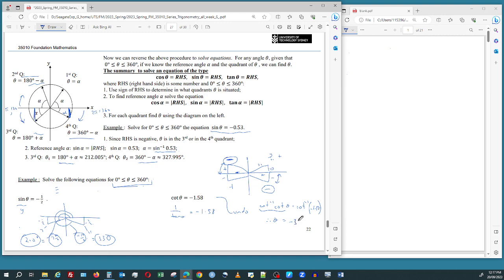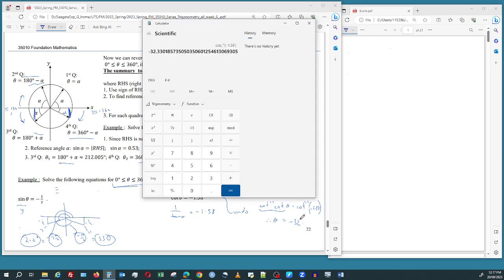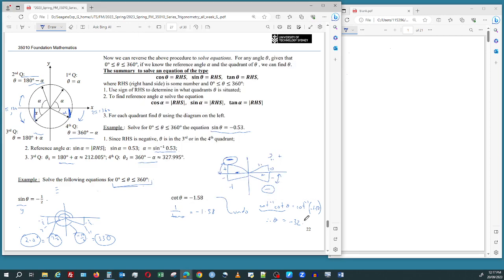Now, this means that this is correct. It's being expressed as a negative, minus 32.33, and there's nothing wrong with that.